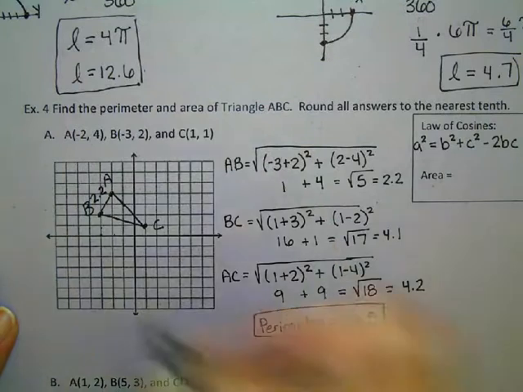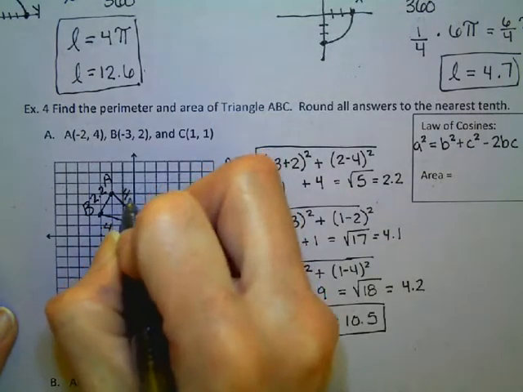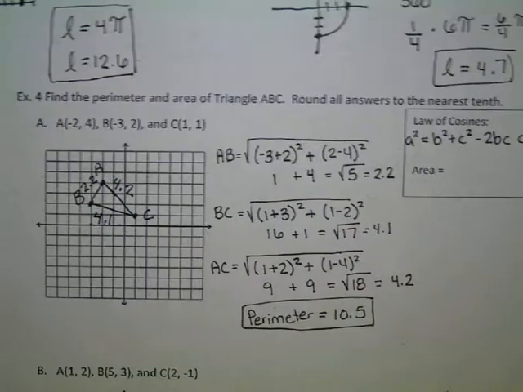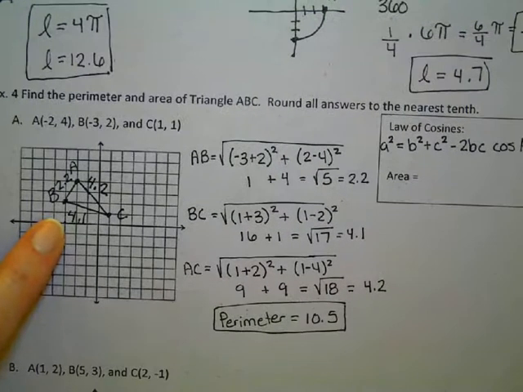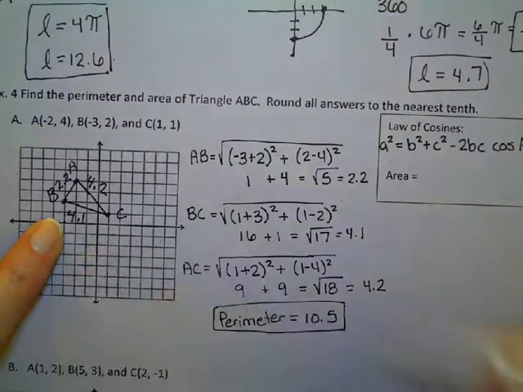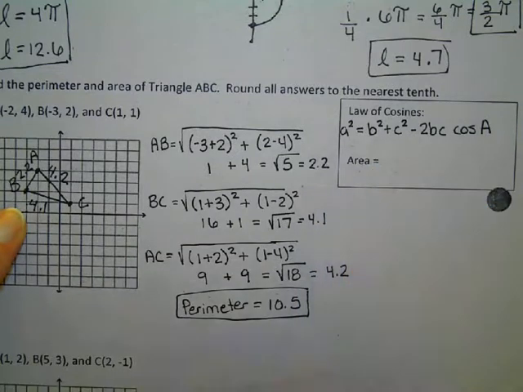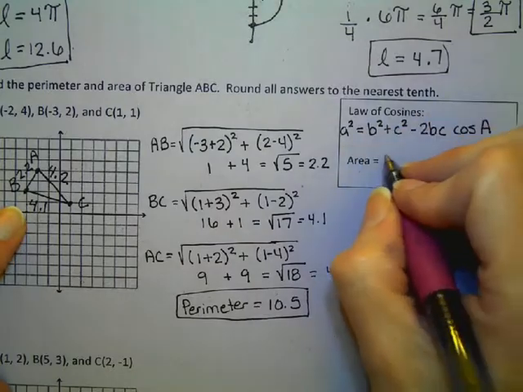If we use that same idea, I'm going to write over here on my picture the lengths that we found. We said AB is 2.2, BC is 4.1, and AC was 4.2. Okay, so if I want to find, say, the big A, the little a would be 4.1, opposite the big A. So over here, I'm going to do my law of cosines.